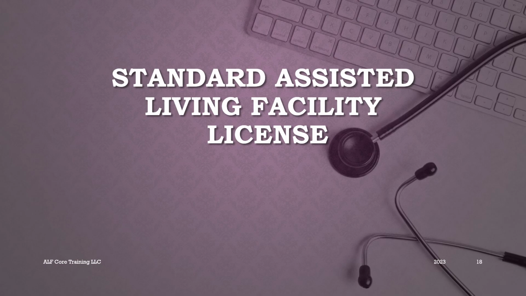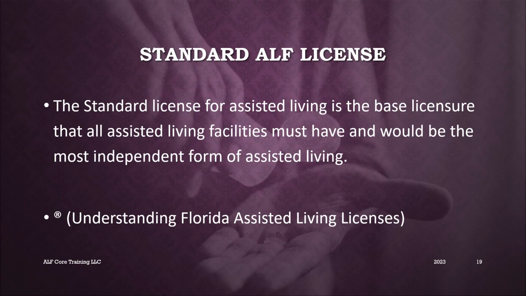Let's discuss the Standard Assisted Living Facility License. The standard license for assisted living is the base licensure that all assisted living facilities must have. It will be the most independent form of assisted living.